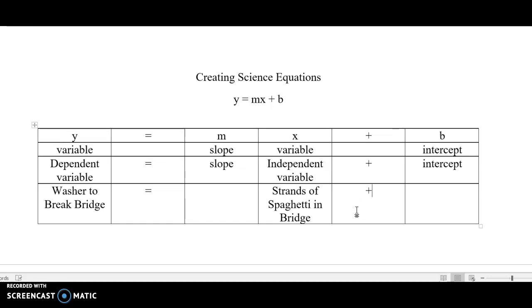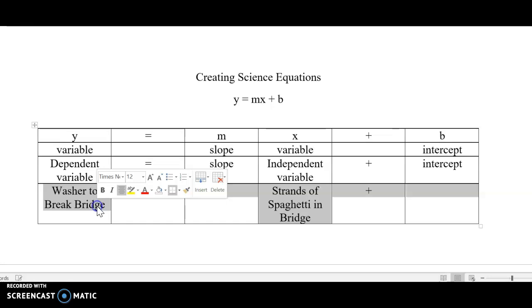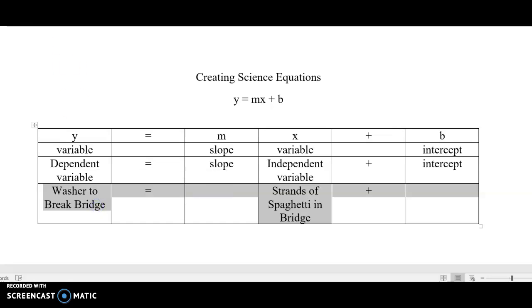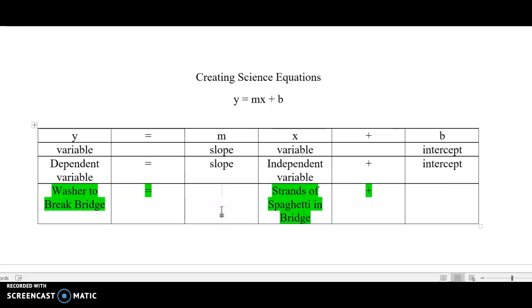Now, when talking about the two variables in the equation, I want you to notice that we do not have x and y in our science equation. We have the actual variables that are being measured.